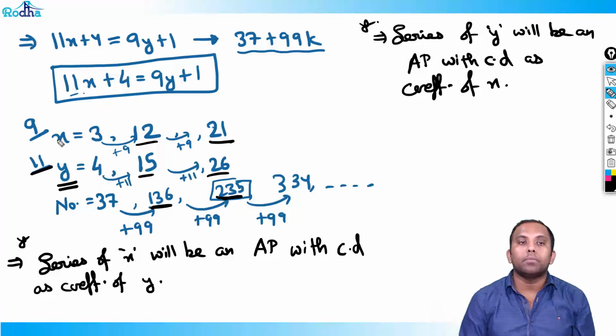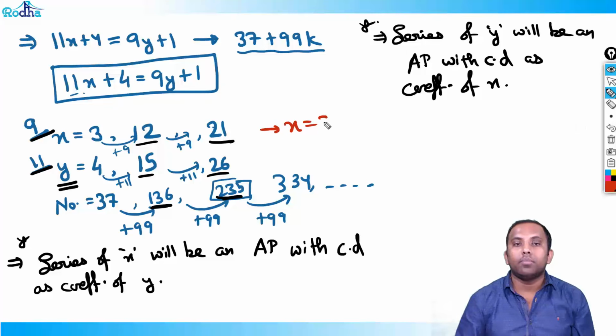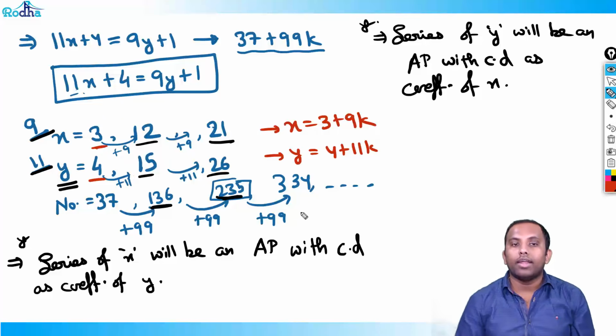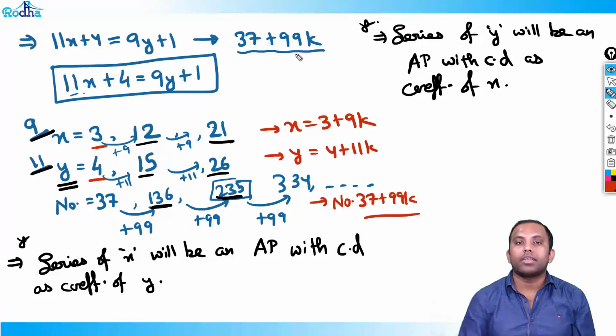Values of x will be in AP with common difference as coefficient of y, that is 9. I can write this series here. I can write x as 3 plus 9k series. I can write y as 4 plus 11k series, because starting from 4, difference of 11, here starting from 3, difference of 9, so 9k, and number is of the form 37 plus 99k. 37 plus 99k, right?